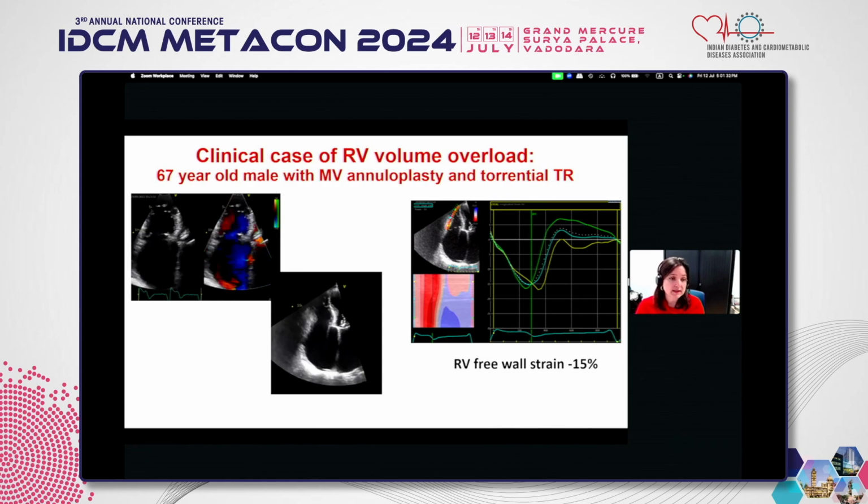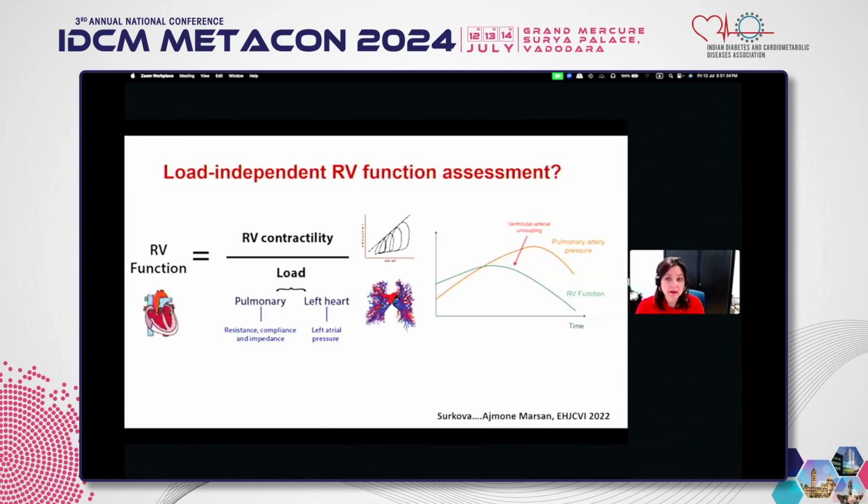Obviously, also in this setting, as I mentioned, we might want to correct for this afterload, which can be indeed different according to the situation. So also in this case, we might see if the ventricular arterial coupling is good or not, if therefore that right ventricle can cope or not with those afterloads.